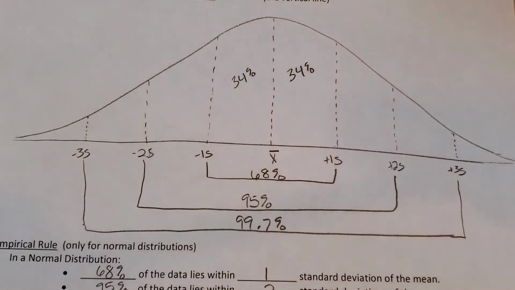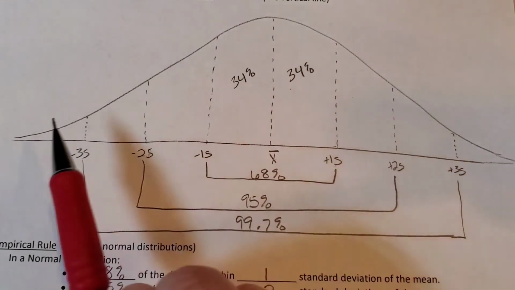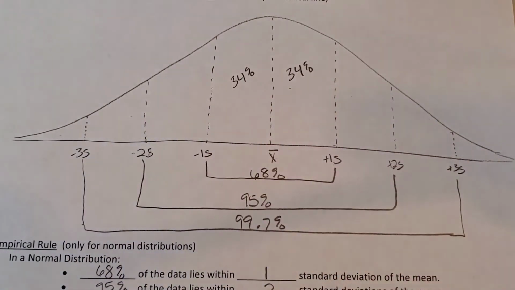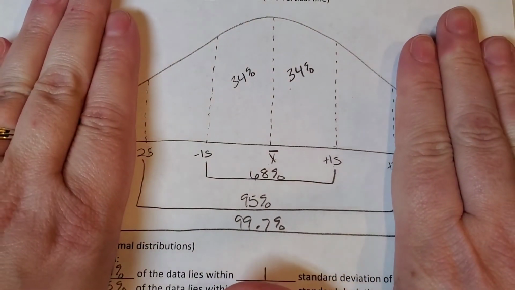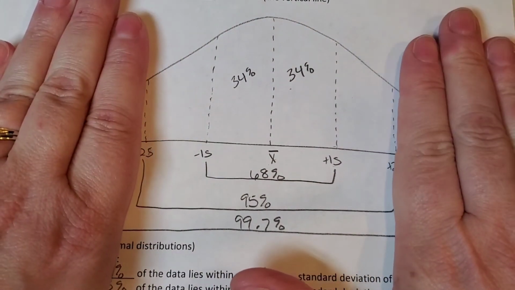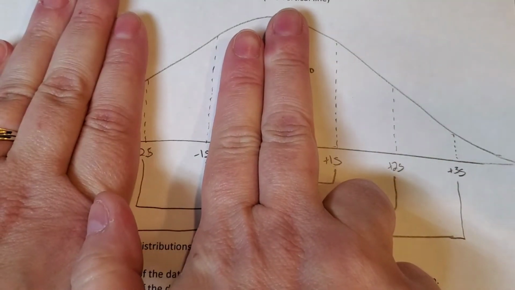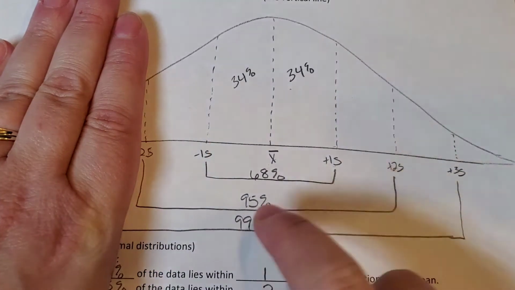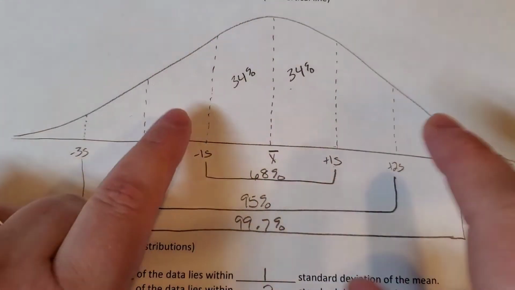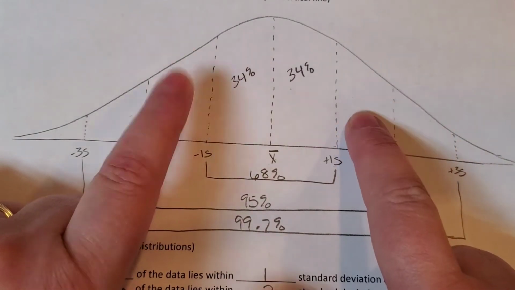Now going back, like we filled in the 34% and the 34% here, we can fill in each of the rest of these as well. Because if 95% of our data falls between here and here, we've already taken care of 68% in the center. So if we subtract 95 minus 68, that leaves a remaining 27% that has to be split between these two.